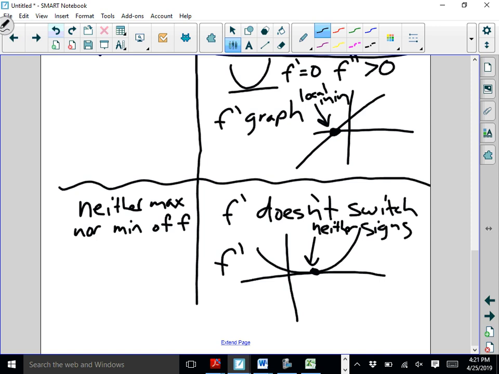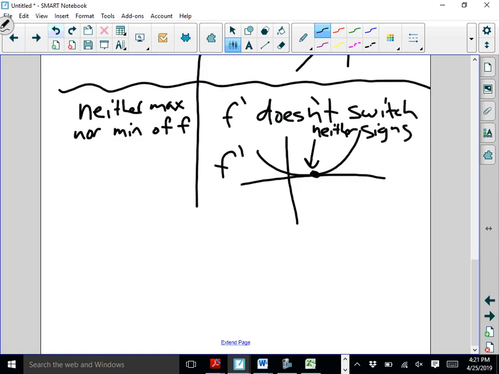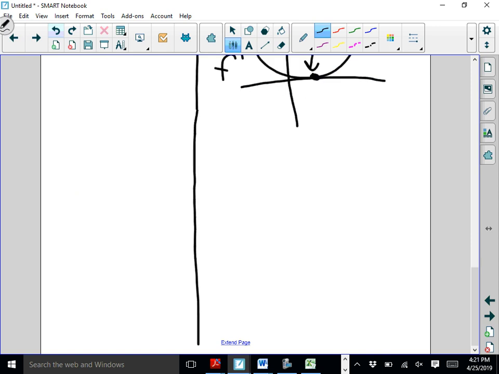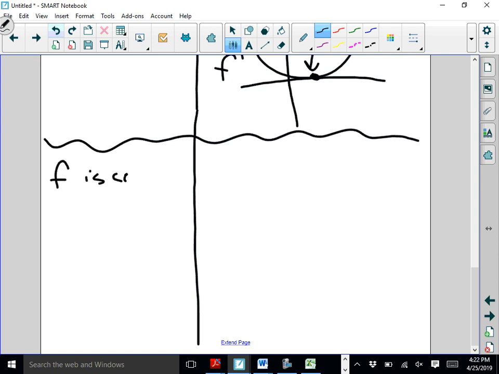Okay? 3 more definitions for you. Let's start with concave up. F is concave up. Concavity always relates to the second derivative. Concave up will be when F double prime is positive.